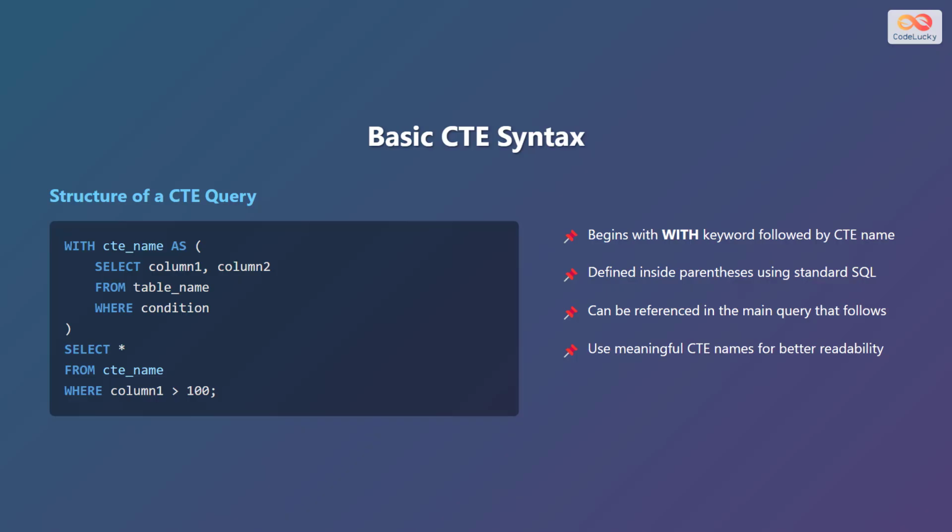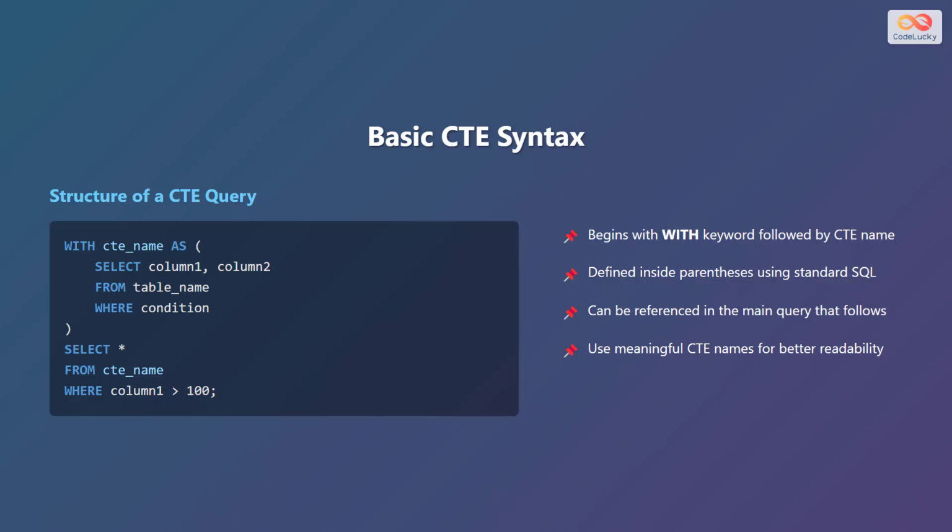Let's examine the basic syntax of a CTE. The structure of a CTE query begins with the keyword WITH, followed by the name you want to give to your CTE, represented here as CTE_name. Then, use the keyword AS, followed by parentheses containing a SELECT statement.